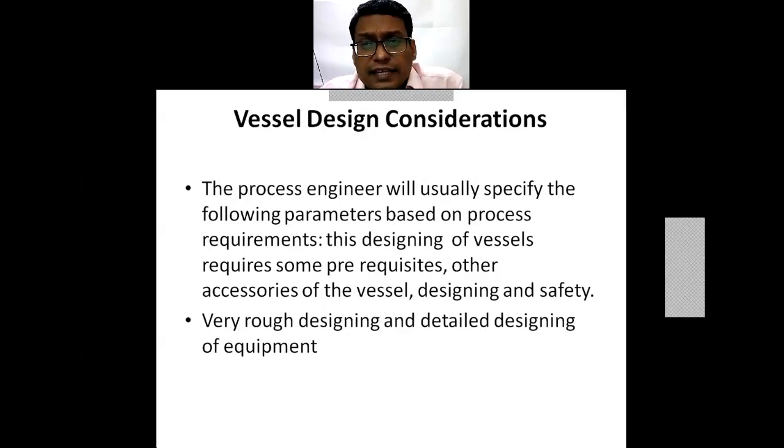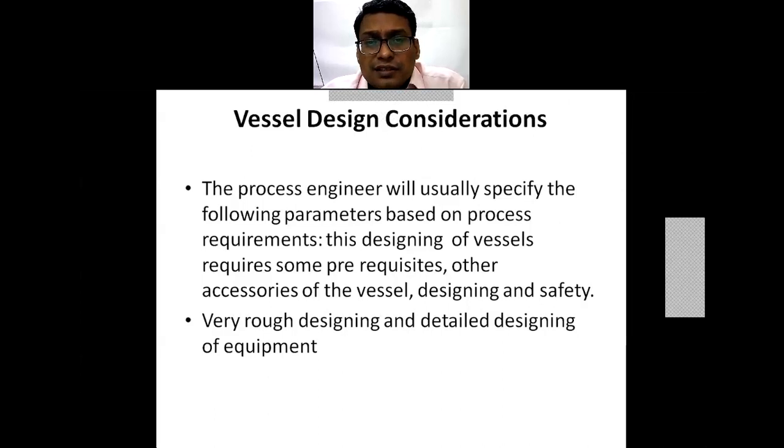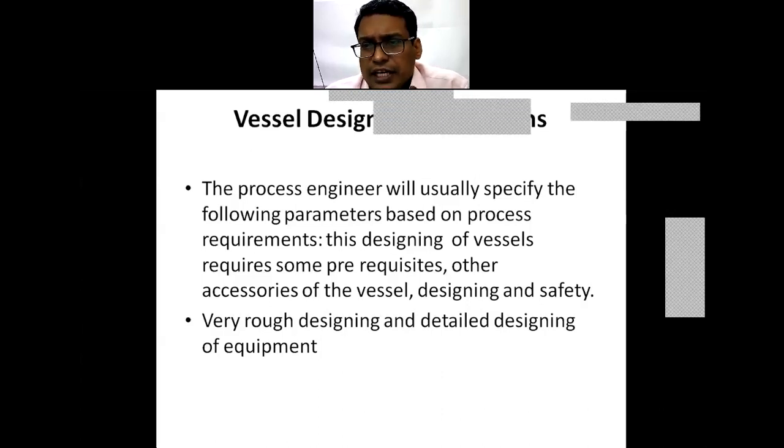Now, when it's vessel design considerations, generally the process engineer or the production engineer defines his requirement based on the production capacities. Production capacities is nothing but this much amount of the product that is required to be produced. And for this much amount of the product, I am defining my basis that this much is my raw material required. Based on that, I'm going to calculate the volume requirements from my material balance, energy balance, and my reaction kinetics.